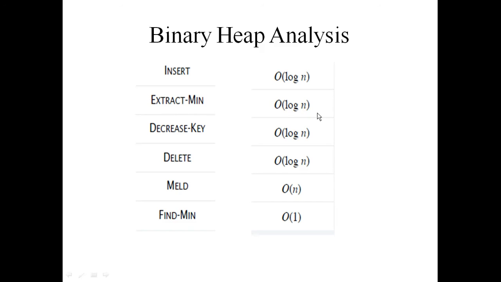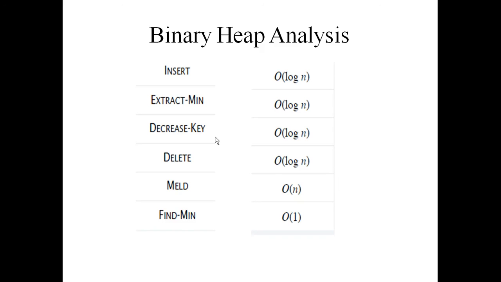Then the third operation we have seen is the decrease key operation. In decrease key, we are simply decreasing the value of a particular key. The key may be on the left side of the tree or the right side, or it may be any intermediate node, or it may be at the end, or it may be the root node, whatever it is. But when we decrease the value, it may happen that the heap ordered property is violated.